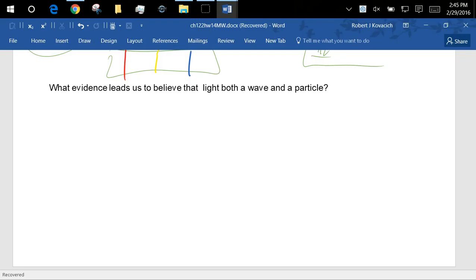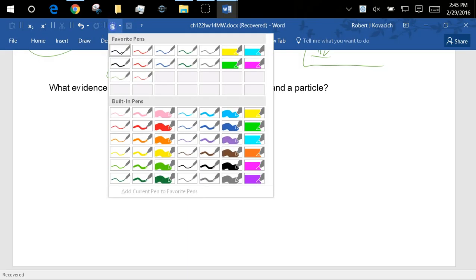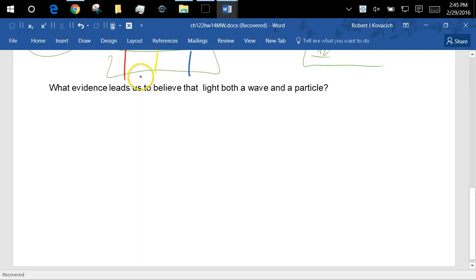What evidence leads us to believe that light is both a wave and a particle? Okay, so how about a wave? What do we know about things that make it act like a wave? Overlap? What do we call that? In football, it's pass interference.